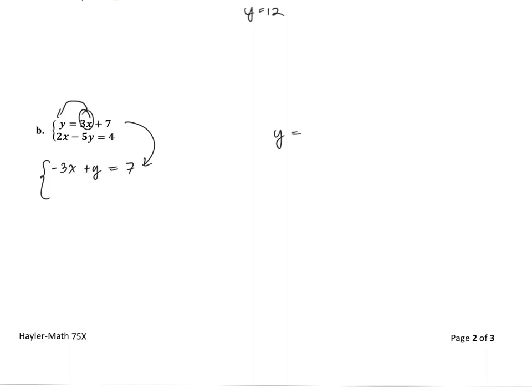I'll do that on the side just in case that was too much of a jump, to get it in the perfect form of xy and then number. There we go. All right, so we did that. The other one, it's already in the perfect form, so we can just write that one down.